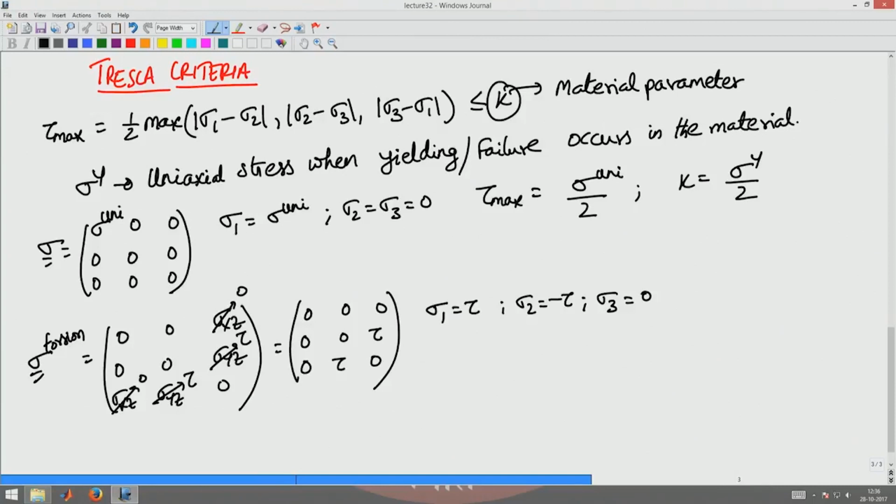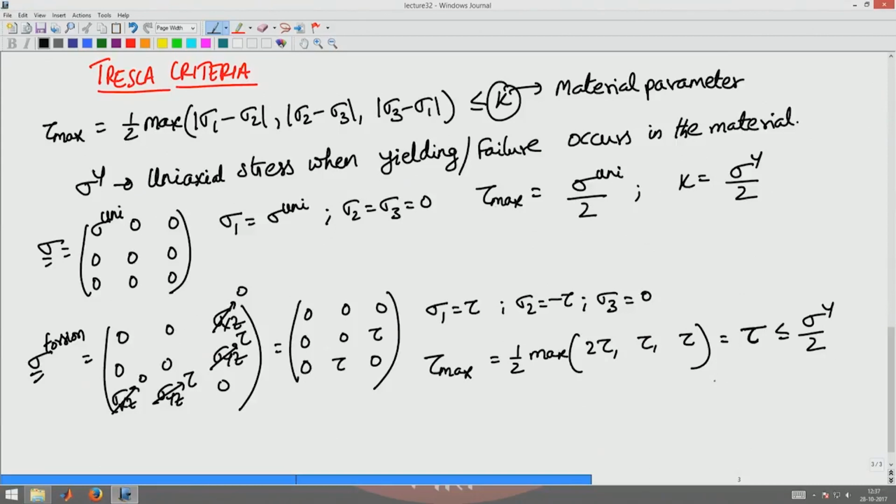For this stress state, tau max would be 1/2 times the maximum of 2 tau, tau and tau, which is 2 tau divided by 2, so tau. This has to be less than or equal to sigma y by 2. So, now you have found the condition on the shear stress in terms of the uniaxial yield stress that you found from a uniaxial experiment.